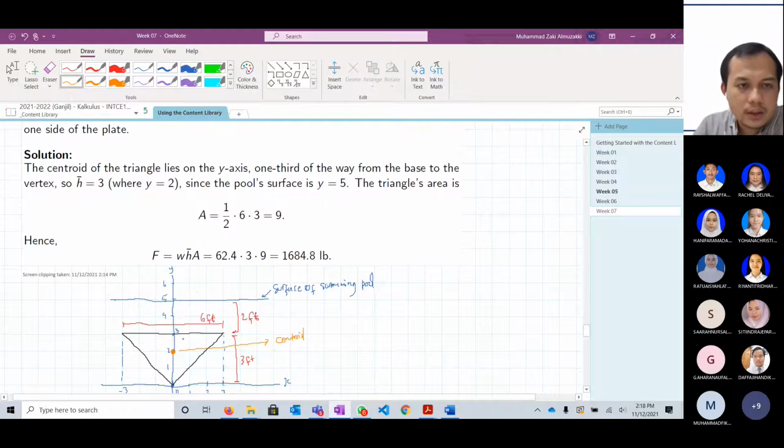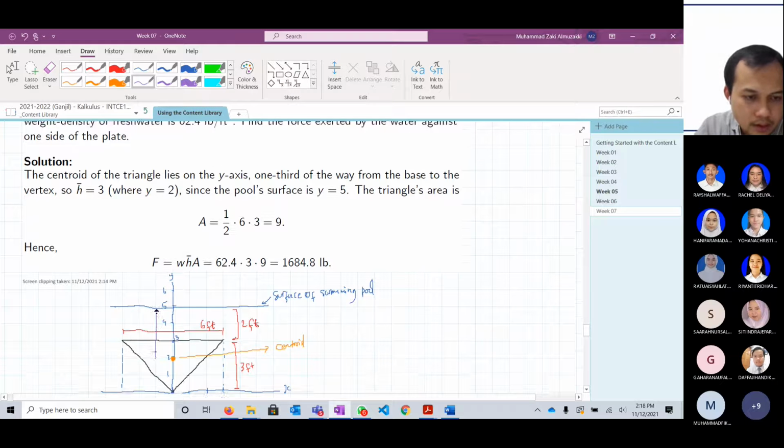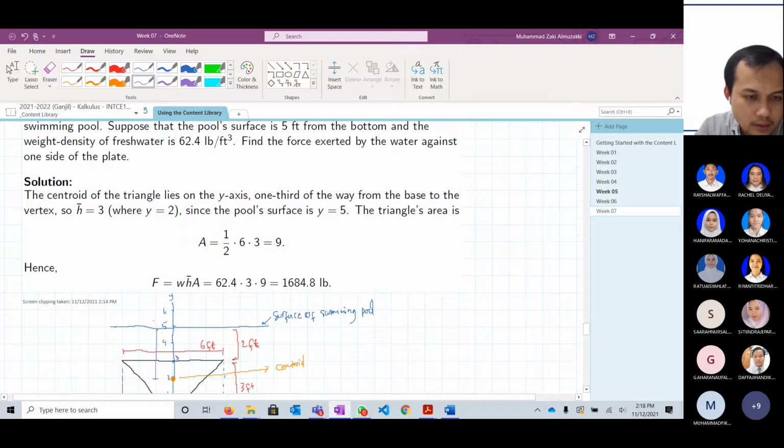So since the centroid is there, the distance from the flat surface to the centroid is this purple distance. This is h bar, which is 3 feet.